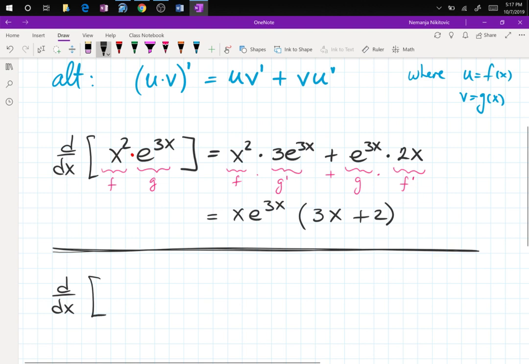The derivative of 3x squared plus x minus 1 times ln x.